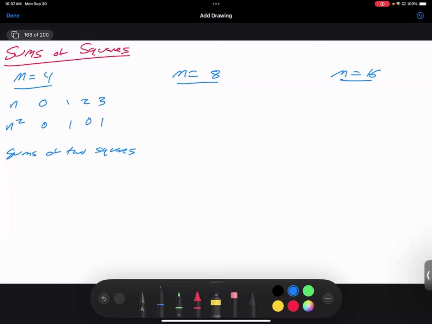So now, if I look at sums of 2 squares, what are the possibilities on a 4-hour clock? I've got 0 and 1 are the only values for squares. So I have 0, 1 plus 0, 1. What are the possibilities?